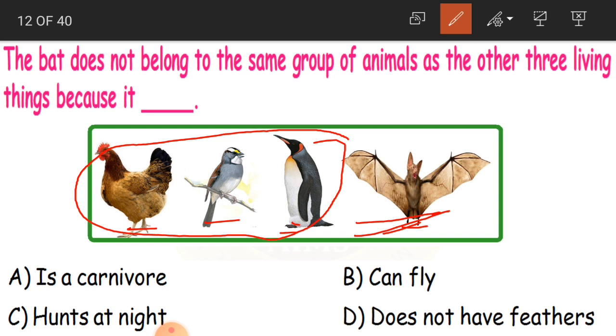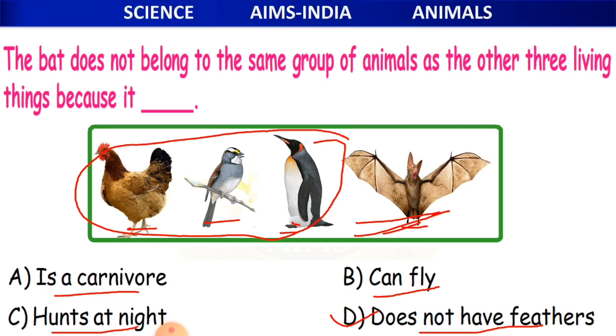Is it because it is a carnivore, because it can fly, it hunts at night, or does not have feathers? Which one will match, children? Yes, that is D option. No, because even a sparrow can fly. So because it does not have feathers, D is the correct option.